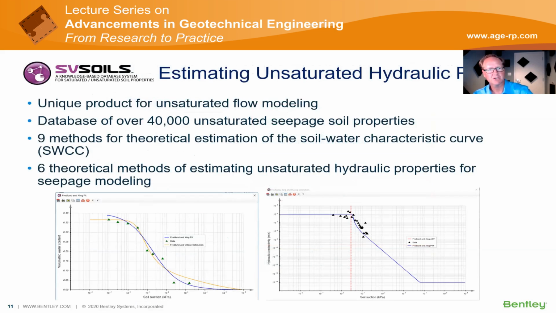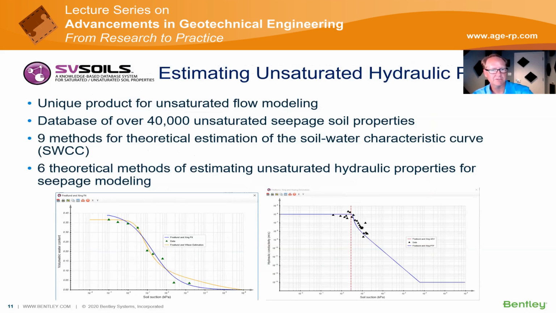How do you get these curves? Well, Dad mentioned and went through some of the methods of measuring this in the laboratory. There's also ways of estimating and calculating these curves. So we have a product, SV Soils, that can be used. It has a database of over 40,000 unsaturated seepage soil water characteristic curves.